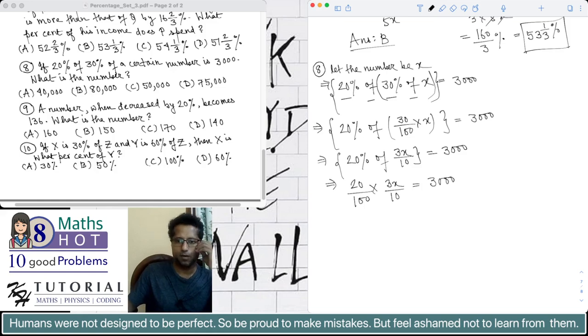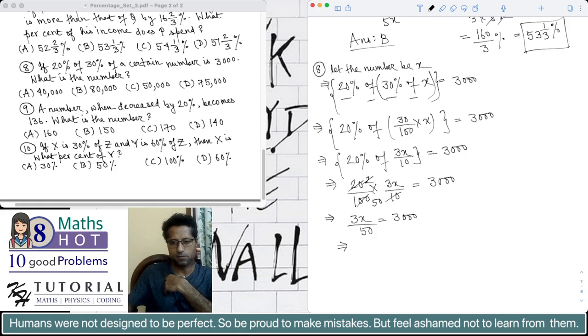Okay, so this implies, let's simplify a little bit the LHS by cancelling out some zeros. So 10 cancels 20 with 2, and 2 cancels 100 with 50. So we have 3x by 50 is equal to 3000.